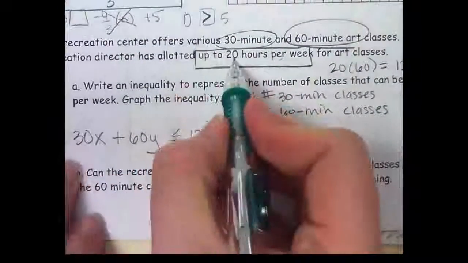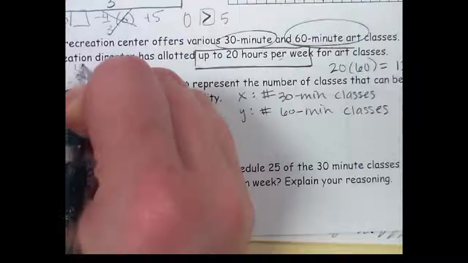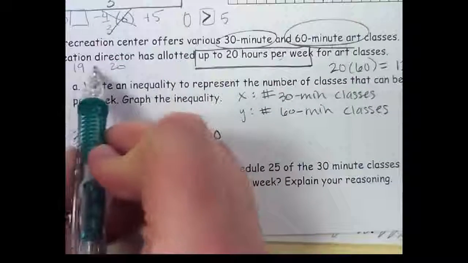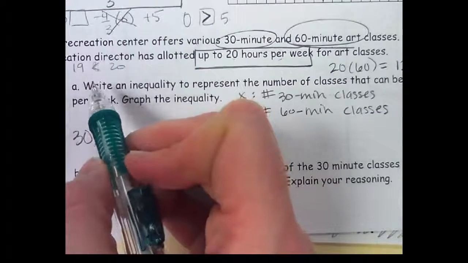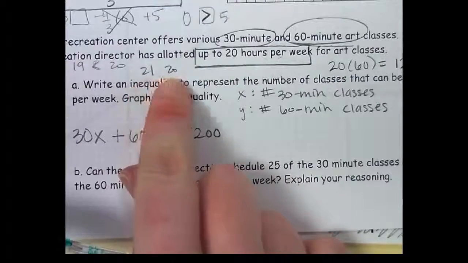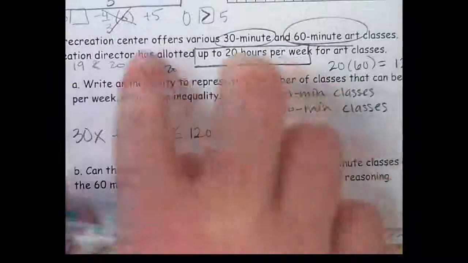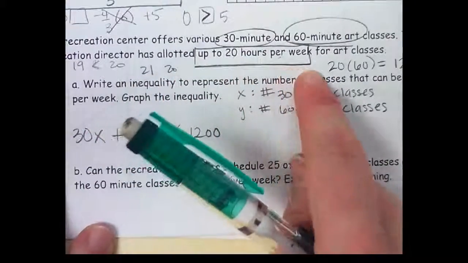Let's say if it's 20 hours and I put in 19. 19 is less than 20 and 19 is getting closer up to 20. If I put 21, I can't go past 20 if it says up to 20. So if you put numbers to it, sometimes that can help with the verbiage here.